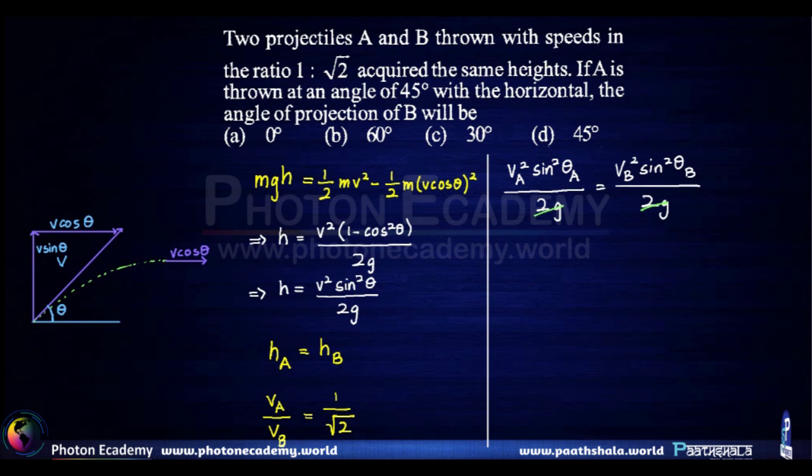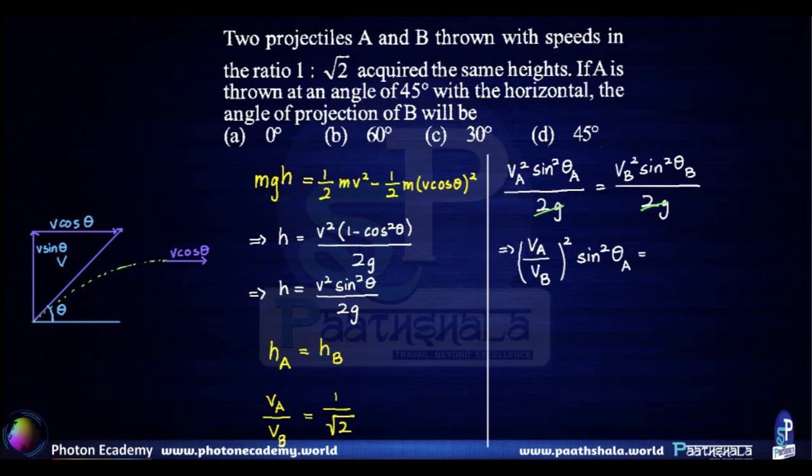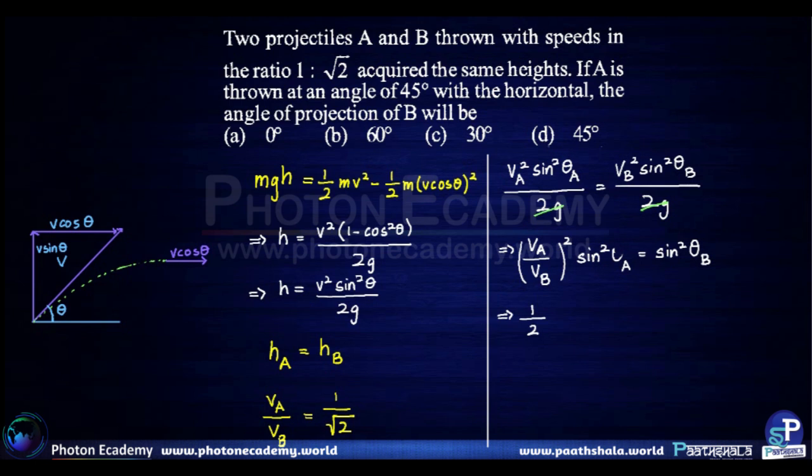So 2g cancels out and we have VA by VB whole square times sin square theta A is equal to sin square theta B. The left hand side VA by VB is 1/√2, so the square of that is 1/2, and theta A can be replaced by 45 degrees, and sin square 45 degrees is 1/√2 whole square, or 1/2, and this is sin square theta B.